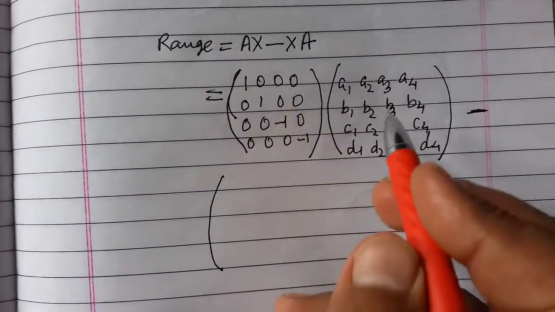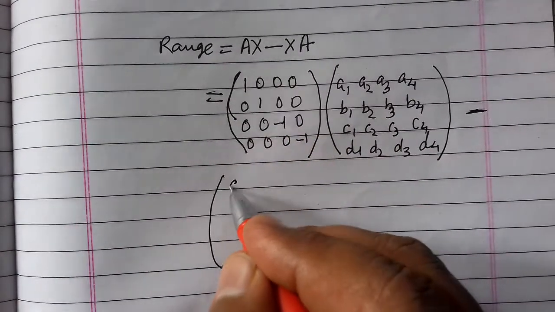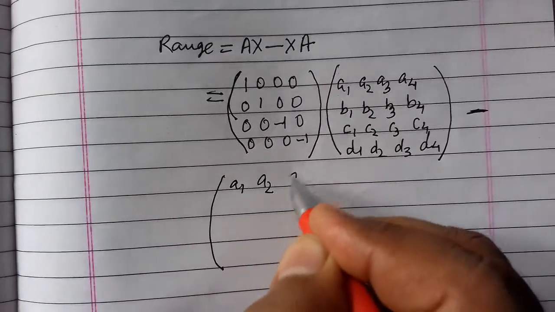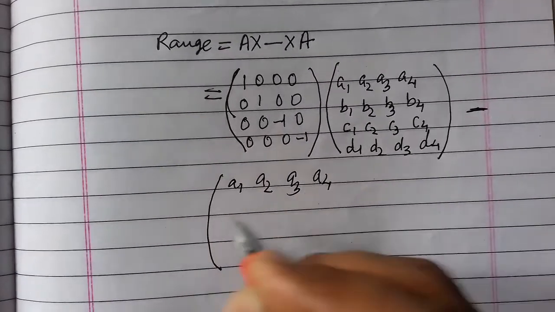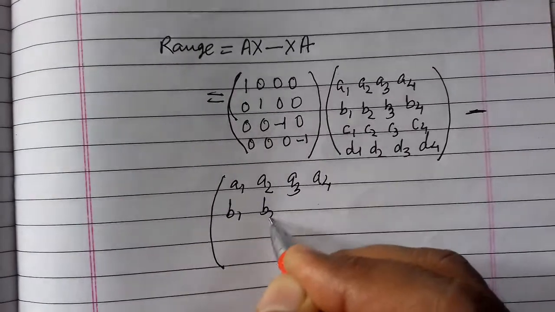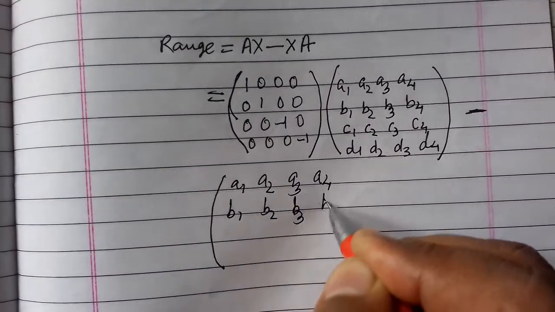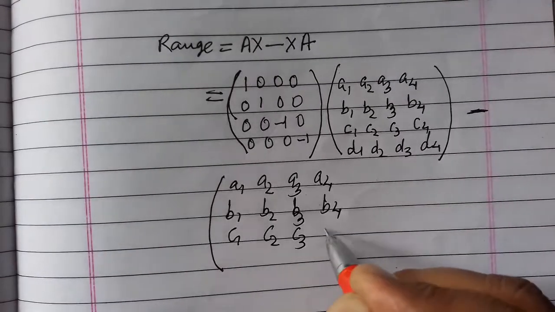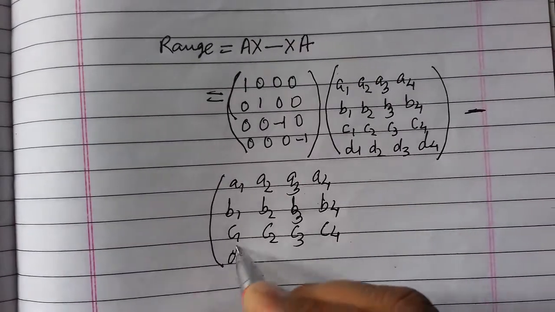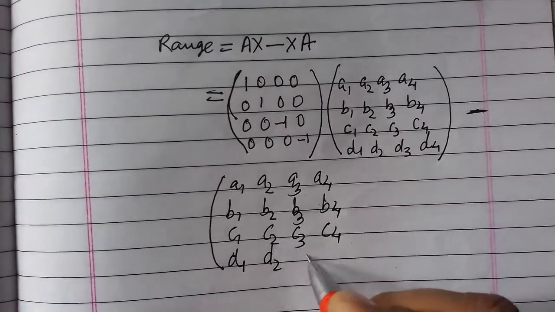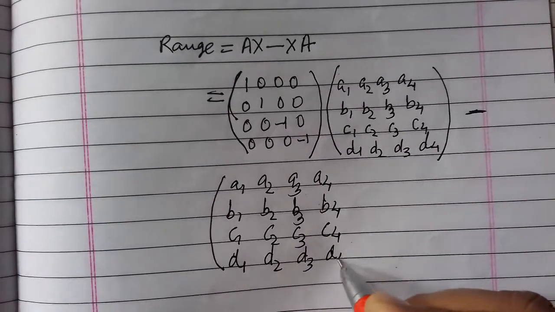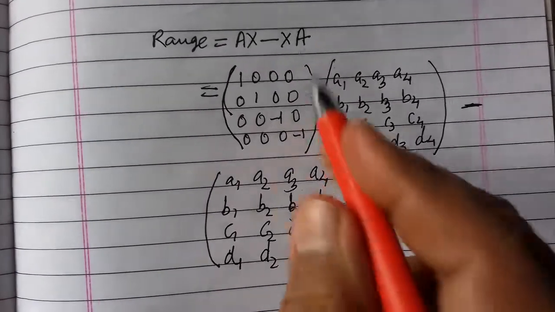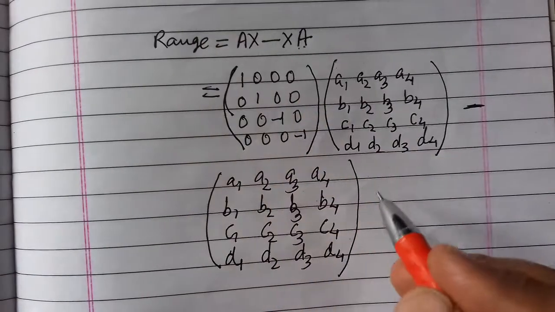You see x is this matrix, so a1, a2, a3, a4, b1, b2, b3, b4, c1, c2, c3, c4, d1, d2, d3, d4, and again you have to write a.